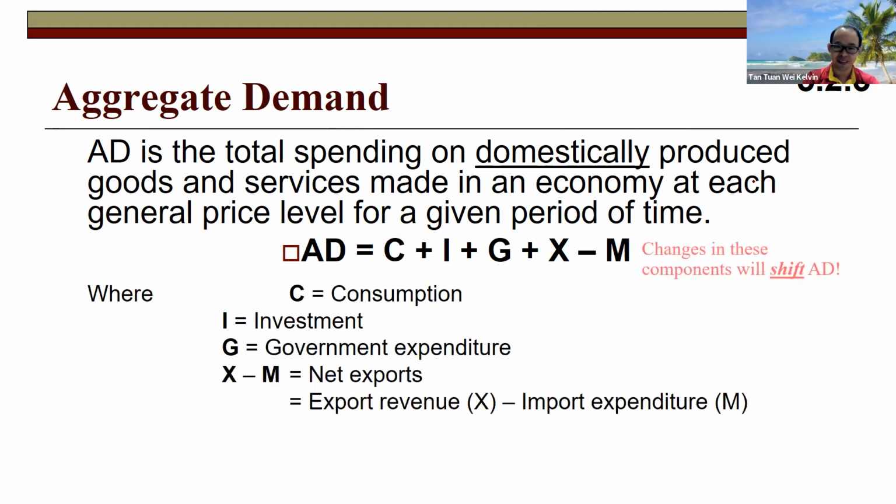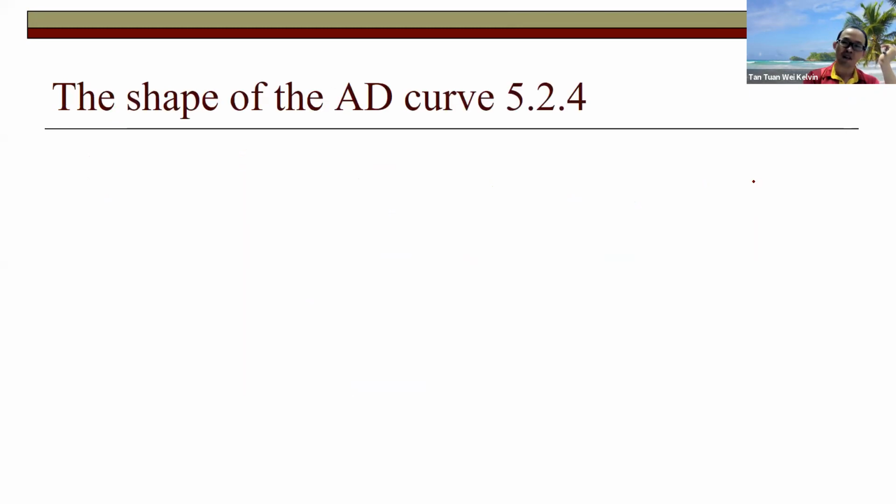Okay, so these are the points. So one quick answer to the question, what shifts the demand curve? Remember this, changes in any of the components, C, I, G, or net exports, X minus M, will shift the aggregate demand.